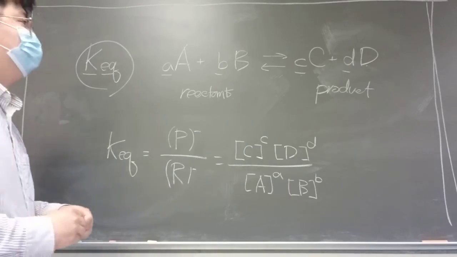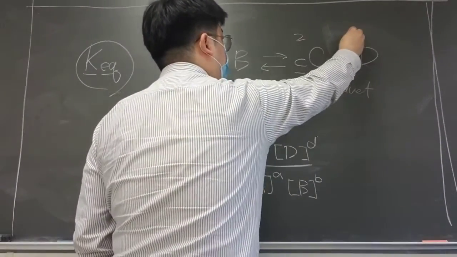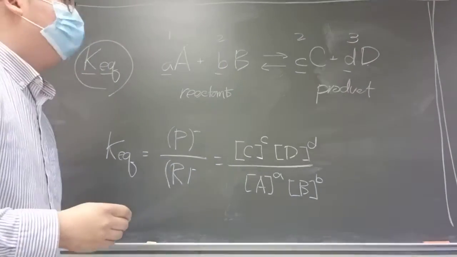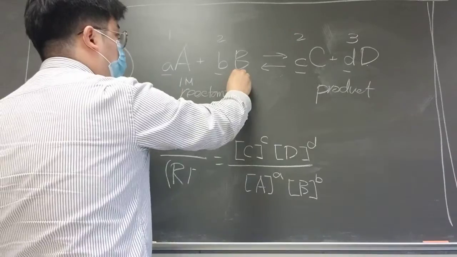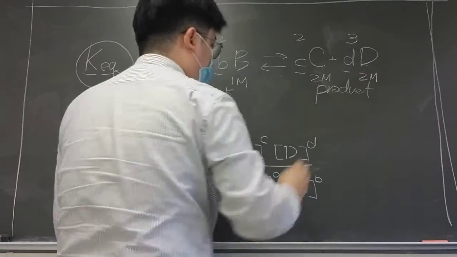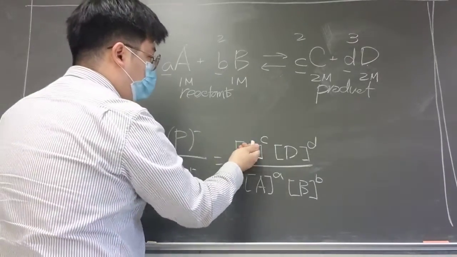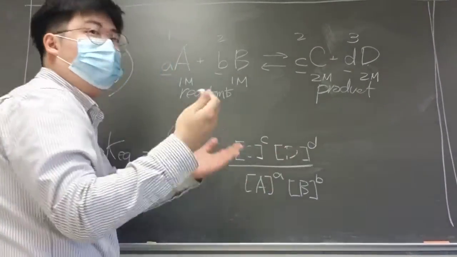So, for example, if we had coefficients 1, 2, 2, 3, and concentrations of 1 molar, 1 molar, 2 molar, 2 molar. Oh, by the way, I'm not going to do this mathematical problem; it's just for your information.